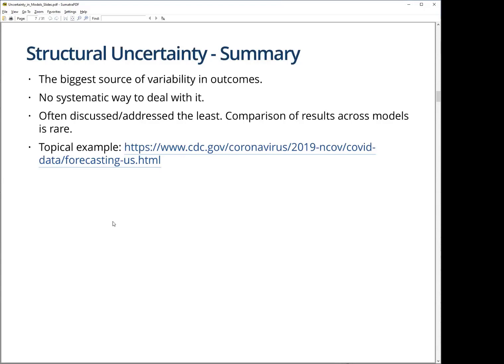And a good topical example is actually this link I put in there, which is the CDC's webpage, where a bunch of population level coronavirus models are being used to forecast, and then they're showing them all on that site. So they're not actually comparing the insides of the models, but they're comparing the model predictions and actually building an ensemble model that takes the average of those models.